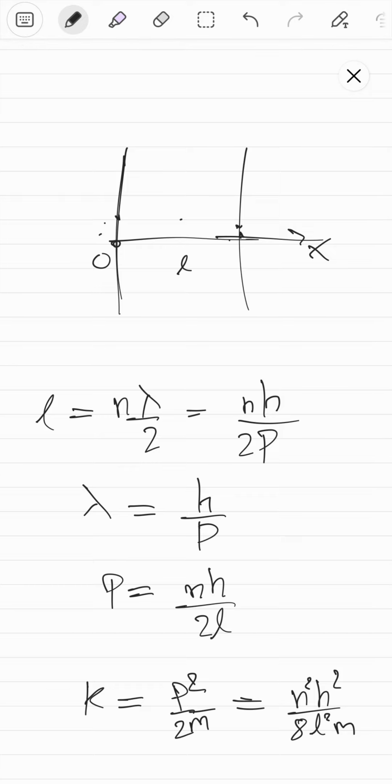Now, this is our kinetic energy, and at this particular point we'll just assume our potential is 0, right? There is supposed to be more going on than just the kinetic energy.